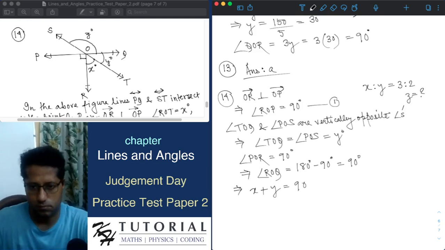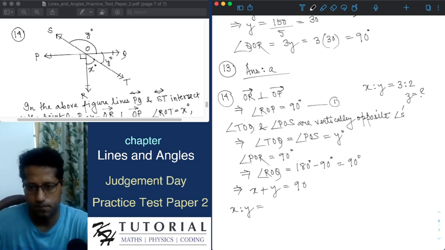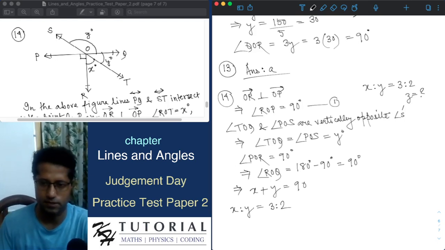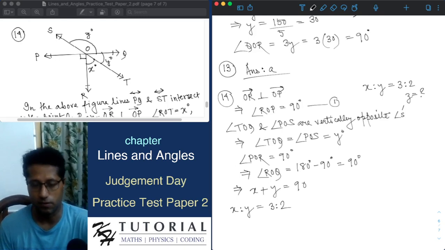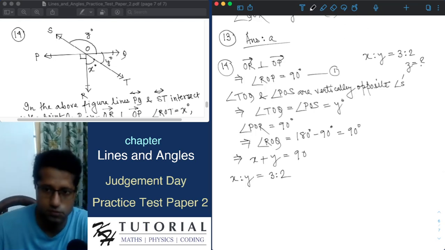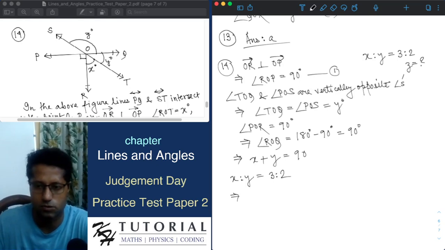Now it is given that X is to Y equals 3:2. Here your concepts of ratio will come into play. If X plus Y is 90, the sum of two quantities is given, and the ratio of those two quantities is also given, which in this case is 3:2, we can use a direct formula.